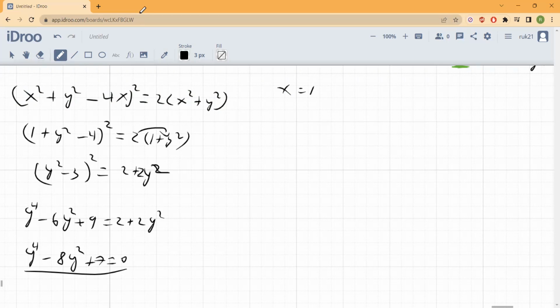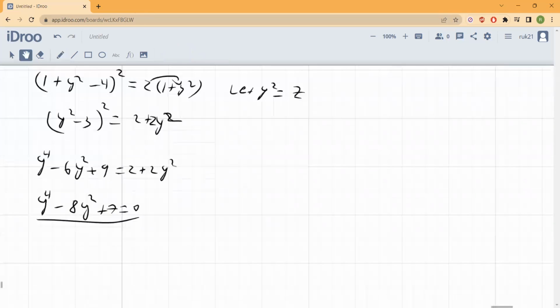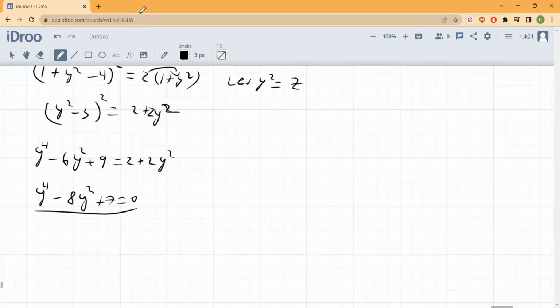The way you can think of it as a quadratic equation is to let y squared equal z, and then replace all of our y squared with z, and it does in fact turn into a quadratic equation.